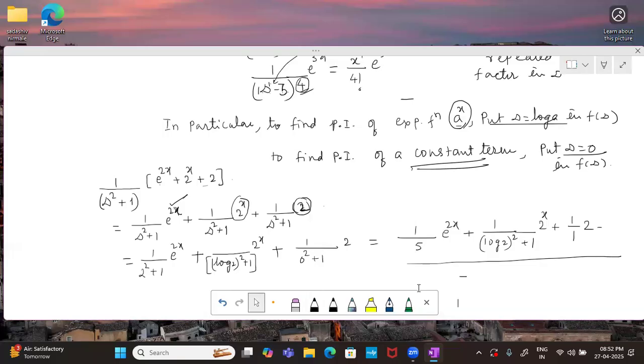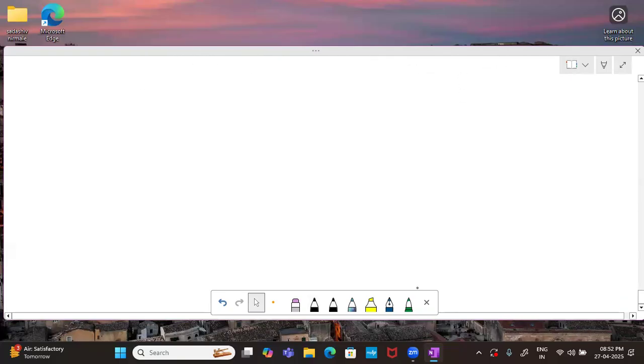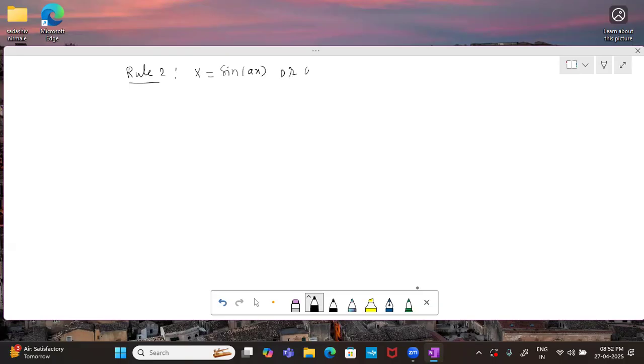And now we will see rule number 2. This rule is applicable for these two functions: trigonometric sine in first degree or trigonometric cosine in first degree. So this rule is applicable only for these two functions.